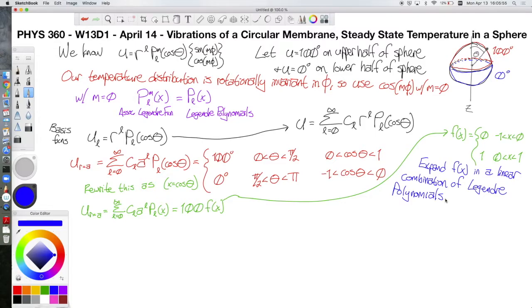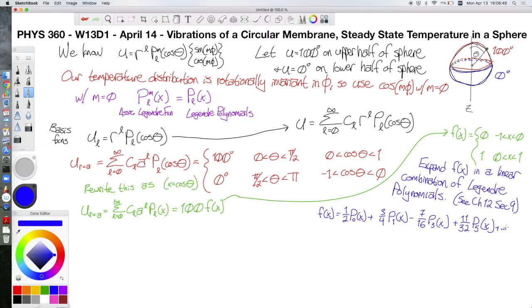So when we do this, we get the following. Including the first four non-zero terms, we have half of the 0th order Legendre polynomial plus 3/4 times the first order minus 7/16 times the third order plus 11/32 times the fifth order.